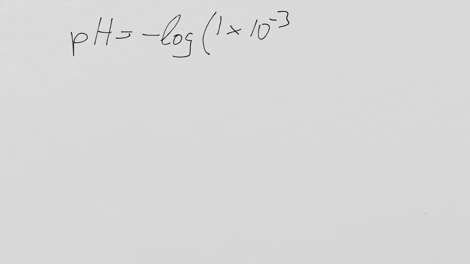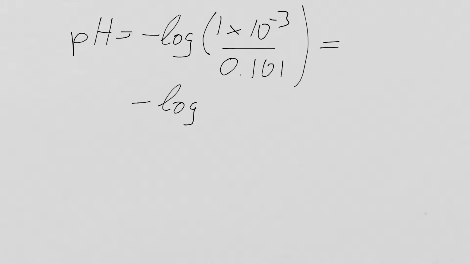So we have pH equals minus log of 1 times 10 to the minus 3 divided by 0.101, which gives me minus log of roughly 1 times 10 to the minus 2.